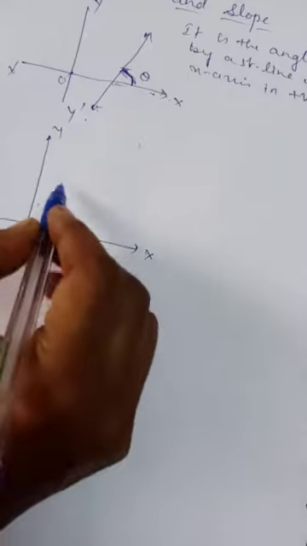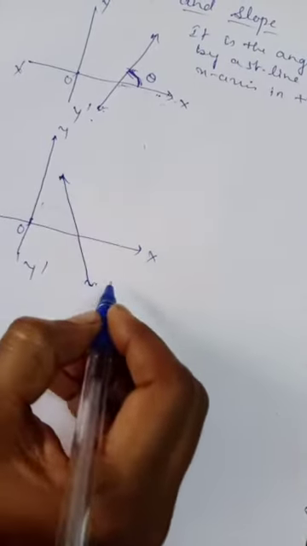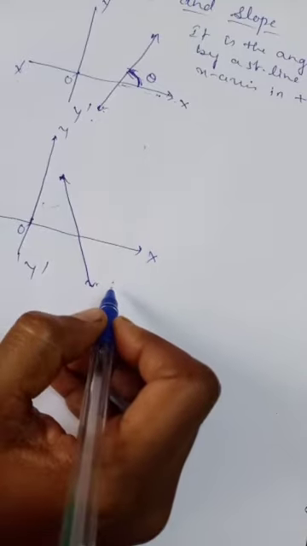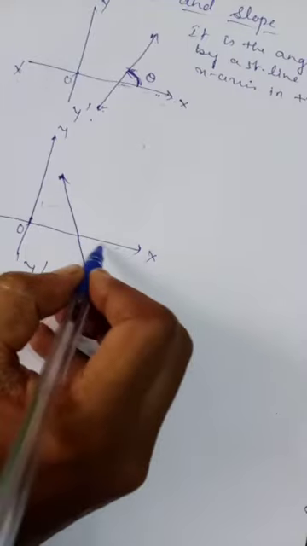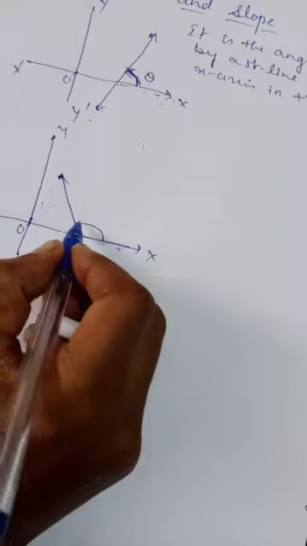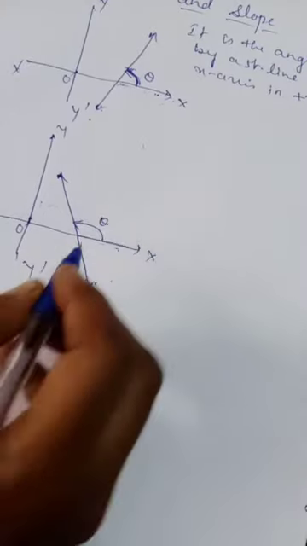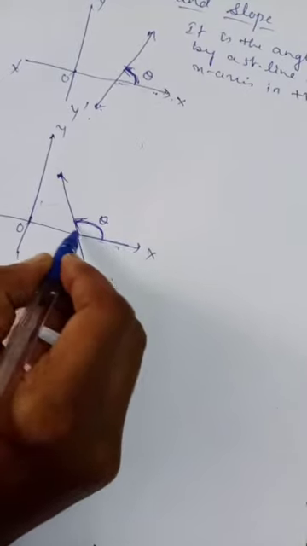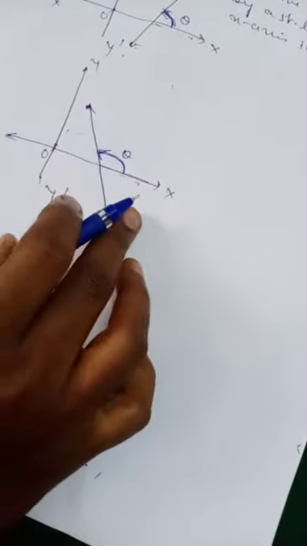This is a straight line, the angle made by a straight line with the x-axis in positive direction. It is anti-clockwise direction, denoted by theta. So this is the inclination here. I will try to understand this inclination with a few more examples.